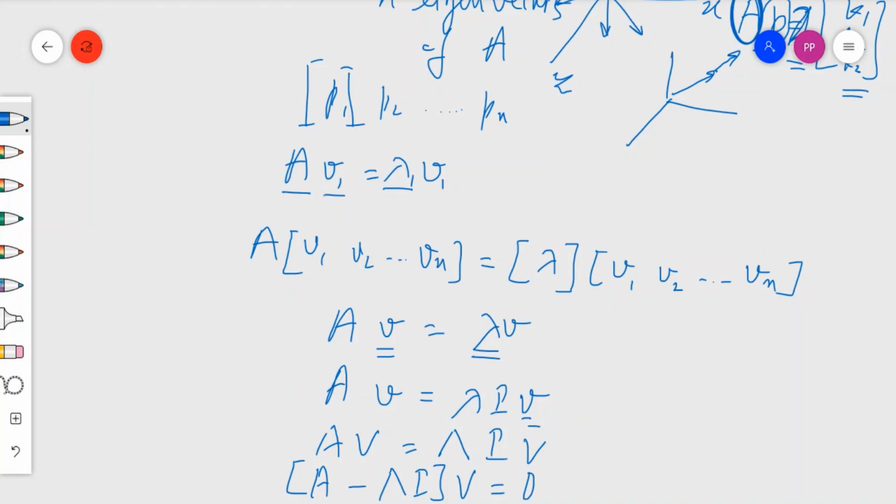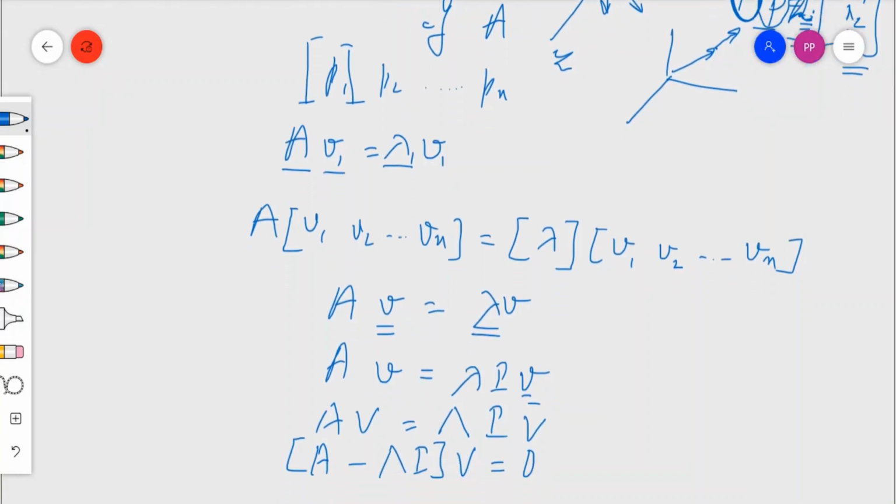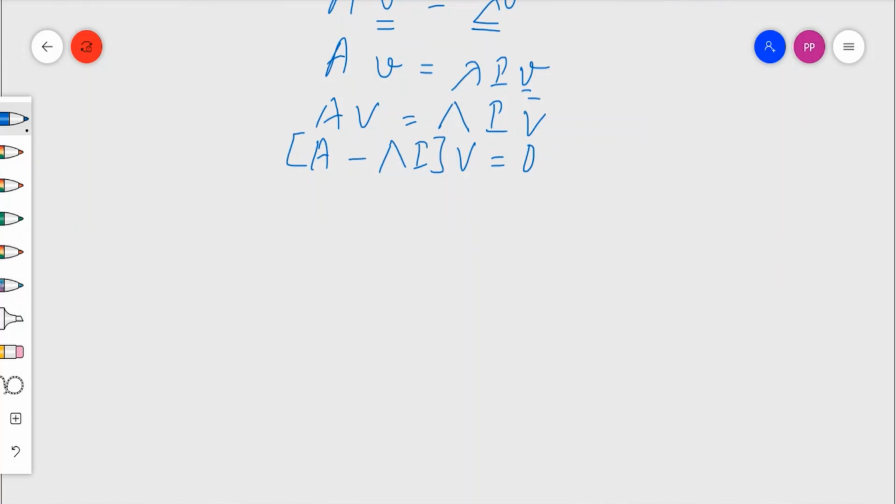So here it is very clear that V is not equal to 0. So we have to solve the equation for V, which is the system of equations. Then A minus lambda I should definitely be 0, meaning its determinant is 0.